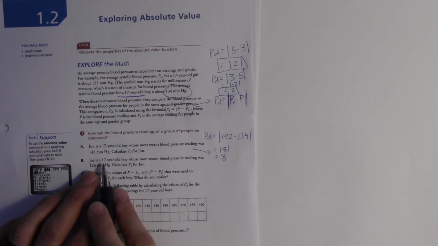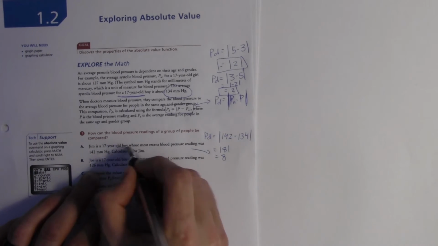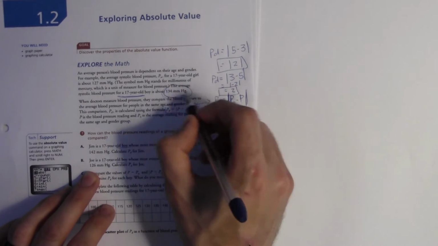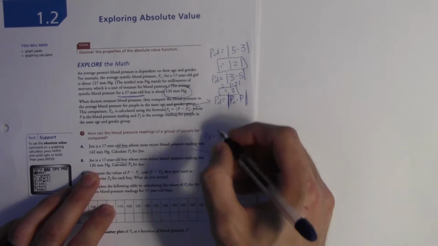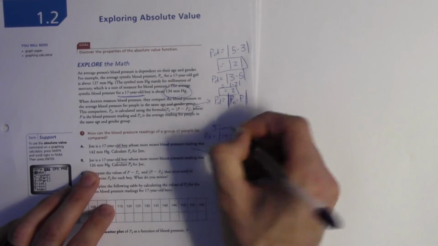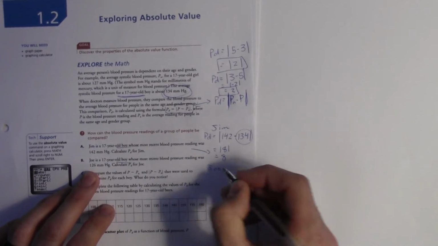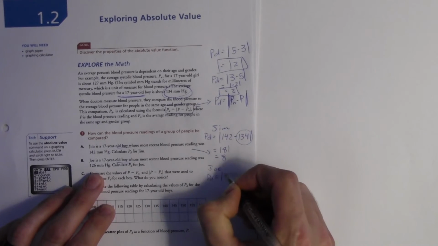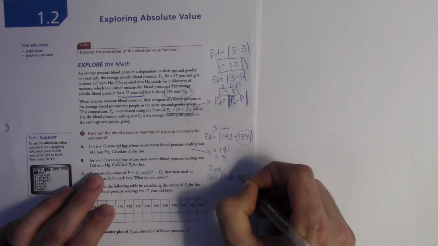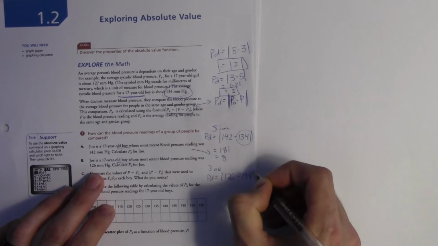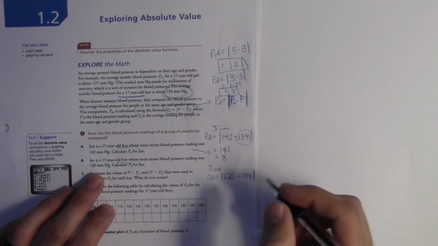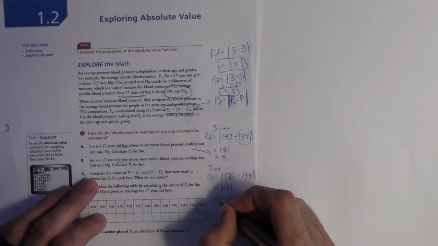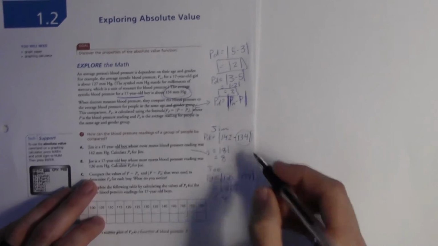And then Joe is a 17-year-old boy, so because they're both boys, we're going to use that same value of 134, which comes from here. So the PD of Joe is the absolute value of negative 8, which is 8.